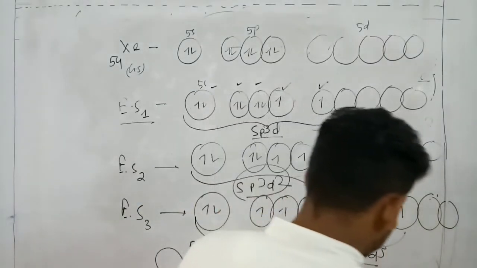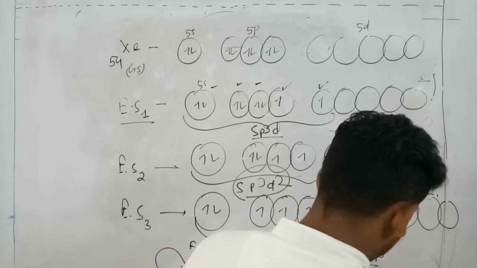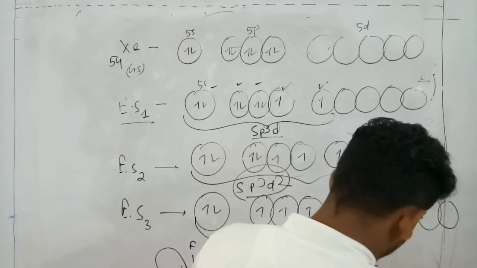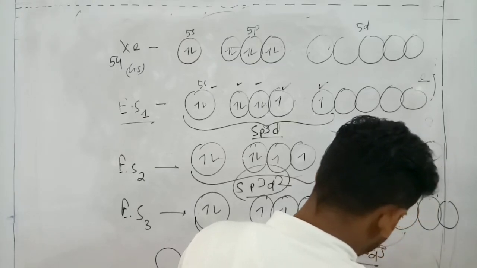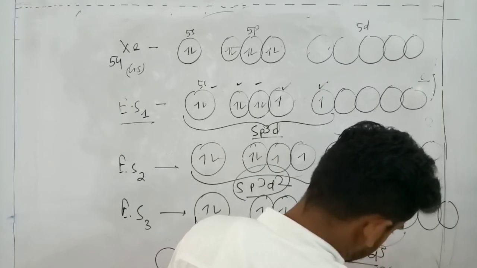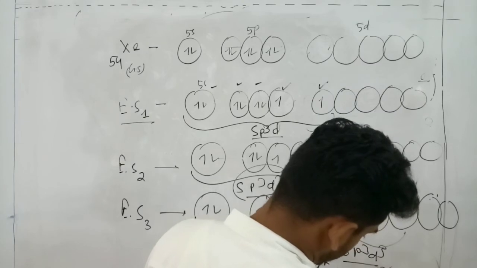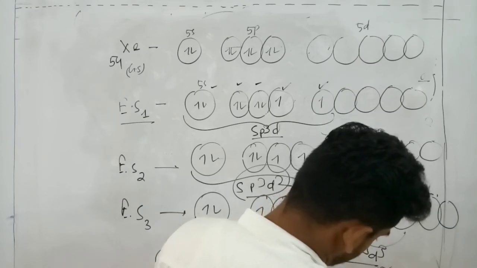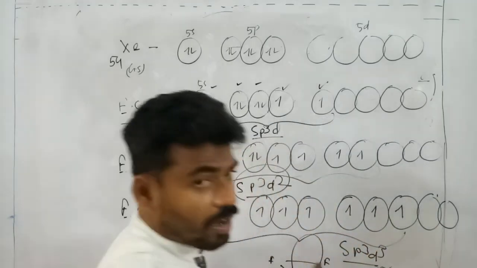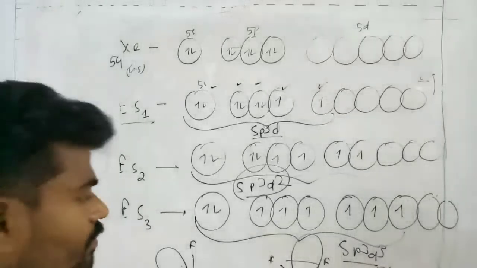Let's see, Xe with F F F F, and here is F, here is this F, because of the lone pair electron it is slightly bent in this direction. Okay, so here the shape you can say is distorted octahedral. Okay, clear.